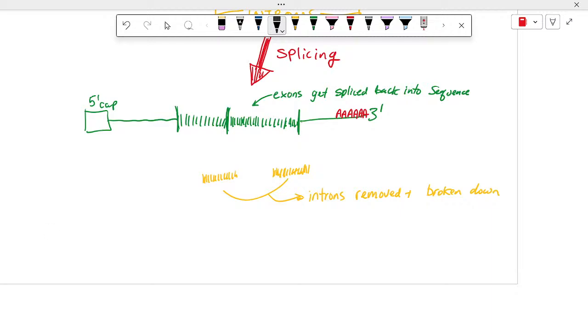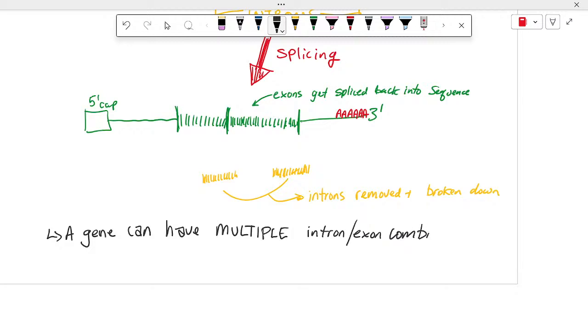Okay, and then a note, a gene can have several, so it can have multiple intron-exon combinations. This comes back to that thing we talked about, epigenetics. Which set of introns and exons is spliced out has to do with what the cell is trying to produce, which is, as you can imagine, highly complicated.